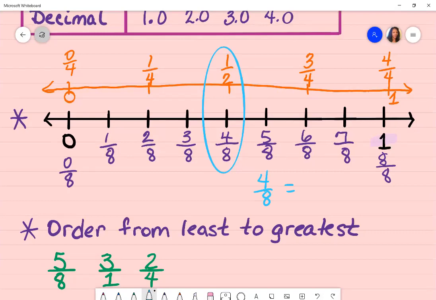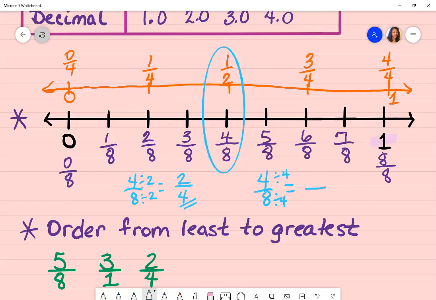What can I do? I can divide both of those by 4. That's the greatest common factor. I could have divided it by 2, and I'll show you that as well. So if I divided it by 2, I'm going to end up with 4 divided by 2 is 2, 8 divided by 2 is 4.